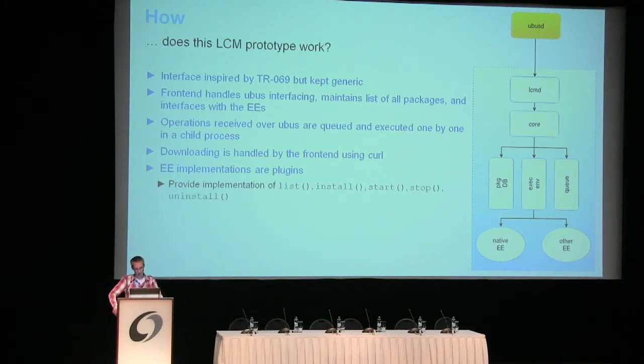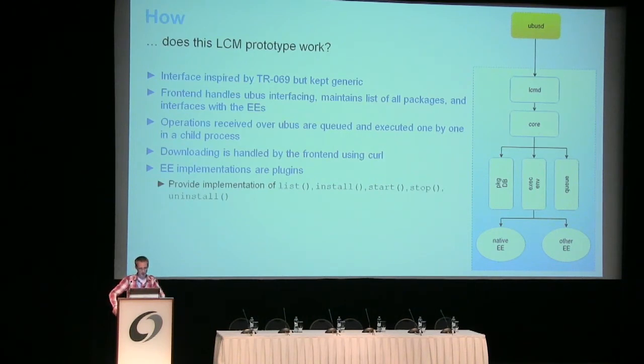So, for example, things like actually downloading the package that was provided to the system with the URL. We just, in a child process, invoke curl to do the download. Curl has all the tools and the bells and the whistles to do downloading in HTTP, HTTPS, in whatever variants that you can think of. So let's use that. And it does all the downloading for us.